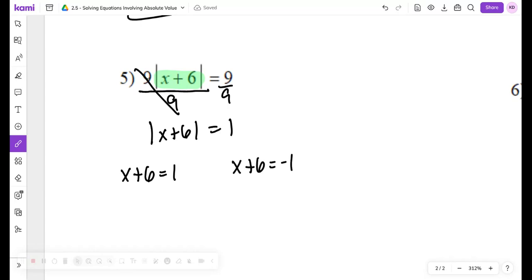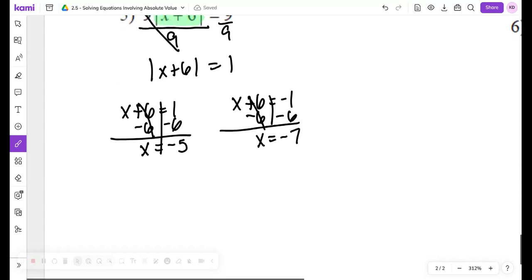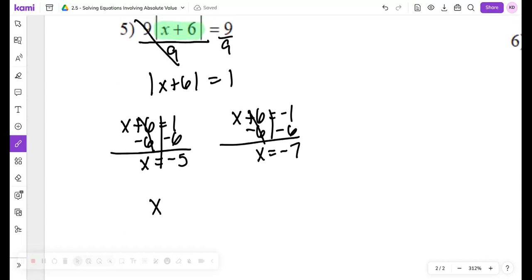X plus 6 equals negative 1. Subtract 6. X equals negative 5. Subtract 6 again. X equals negative 7. So my two answers, I'm going to make a solution set. X equals the set of numbers, negative 7, comma, negative 5.